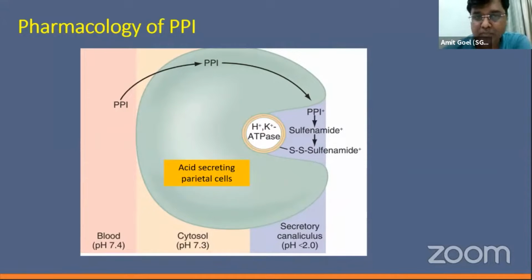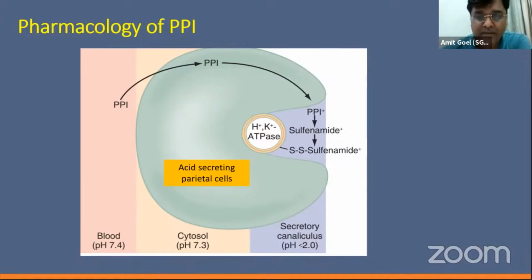Here, this PPI combines with the acid present in the canaliculi, and it is protonated, converted into sulfonamide. Sulfonamide is the dehydrated form, and it combines with the hydrogen potassium ATPase, that is called the acid pump or hydrogen potassium pump.